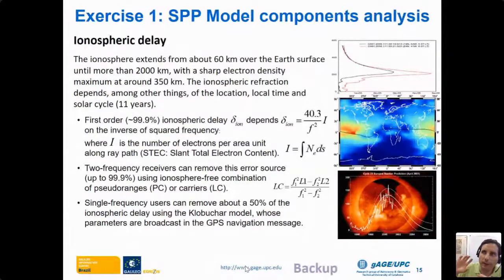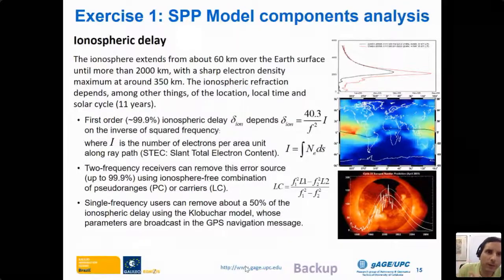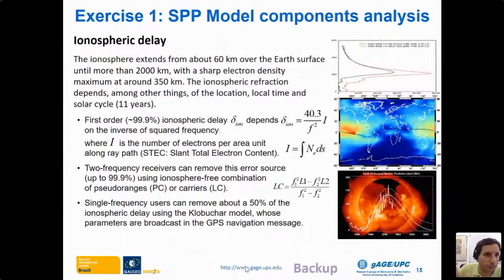If we are talking about the ionosphere, or the troposphere, or whatever component we are analyzing, we always have some description of the mathematical part of what is going on in this physical effect. Here you can see these total electron profiles with the height.